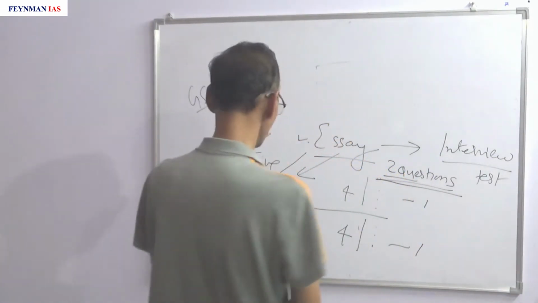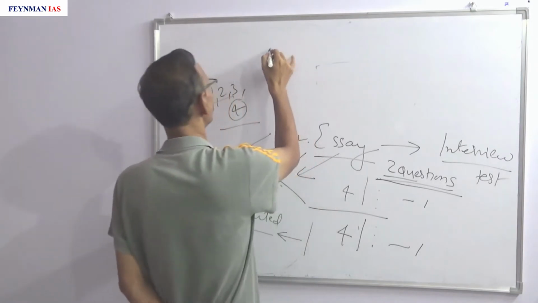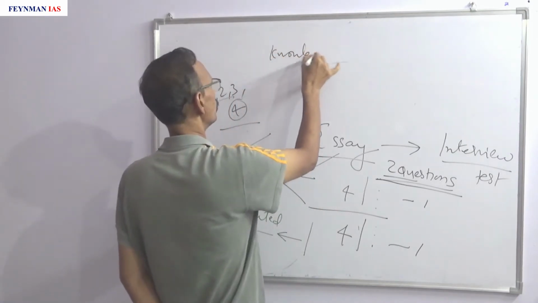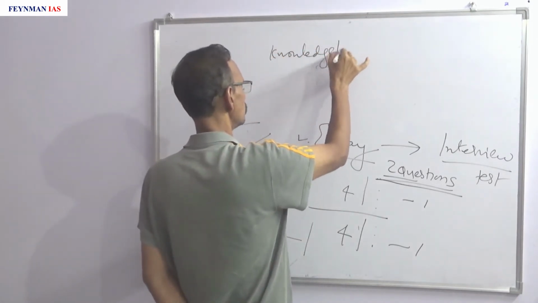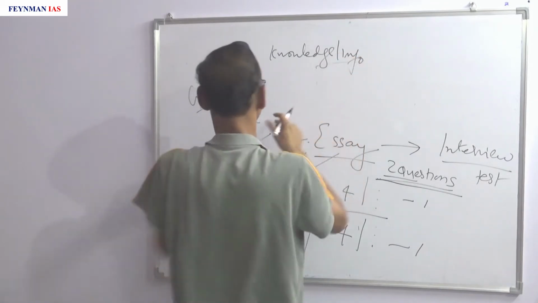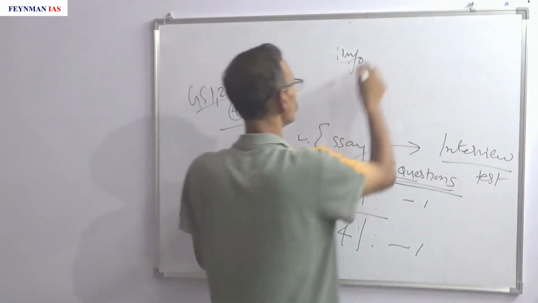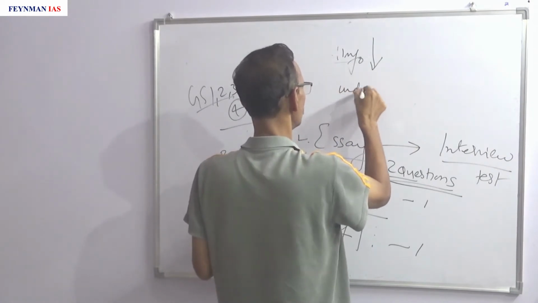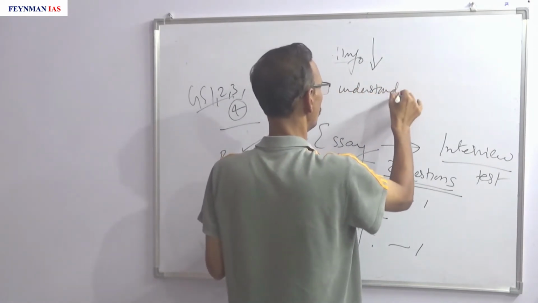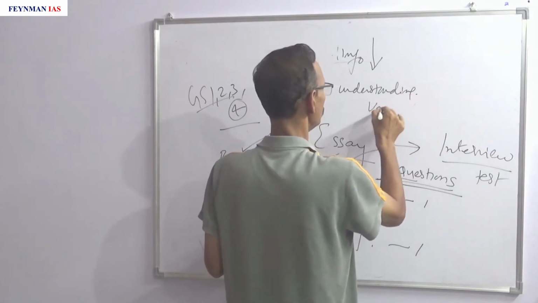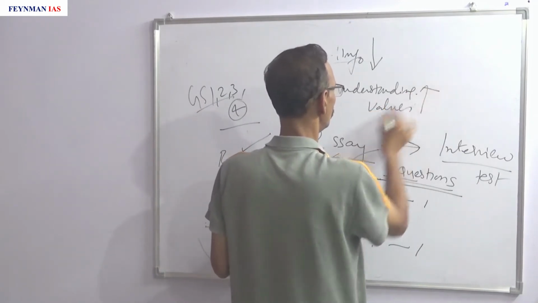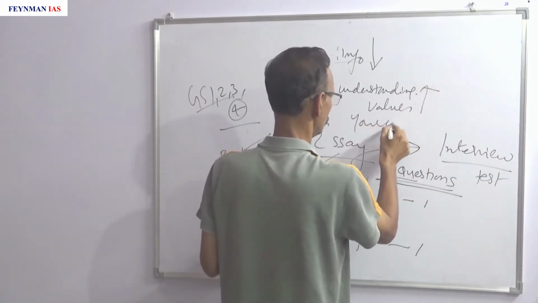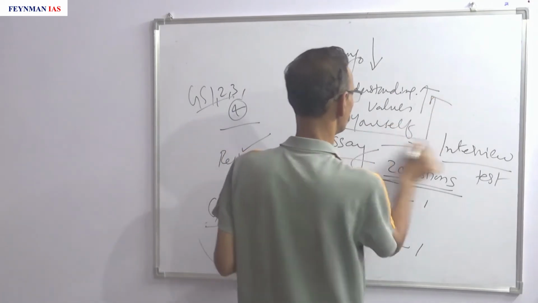So what they think, or what appears to be, is that knowledge or info, let us call it knowledge, info is less, understanding, values and yourself is more.